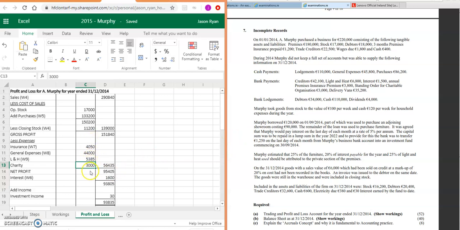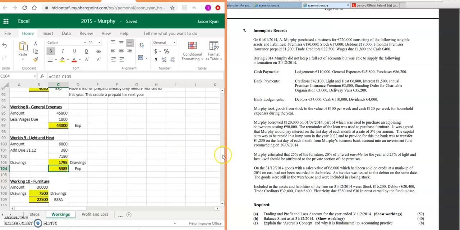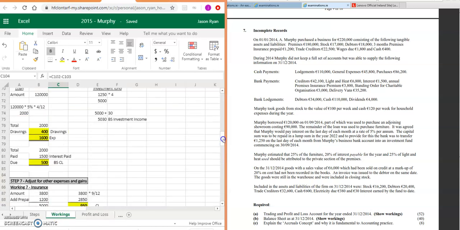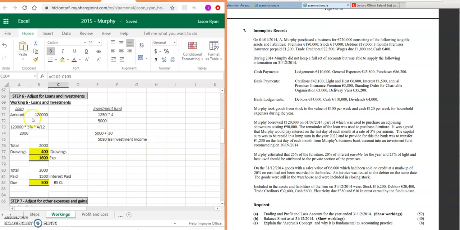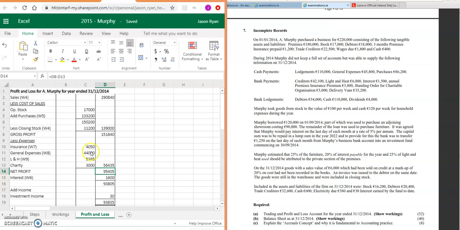So I'm going to add those four up together. You're going to take that away from your gross profit, your expenses, take away from your gross profit. You'll get a net profit then of 95,450. From that, then we need to take away our interest. So we did a working on our interest, which was part of our loans and investments. So up here, the interest expense then is 1,600.